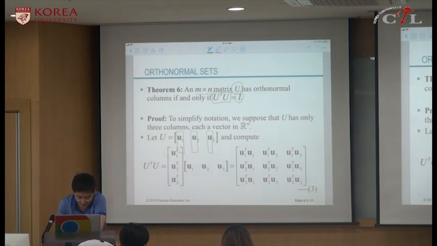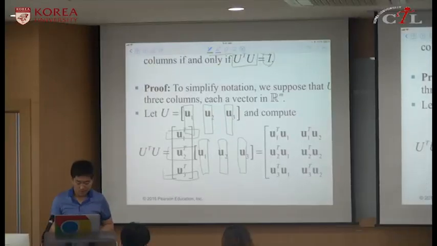If we view this U transpose as these three vectors as row vectors, and then the original column vectors, let's view this matrix multiplication from the inner product perspective.